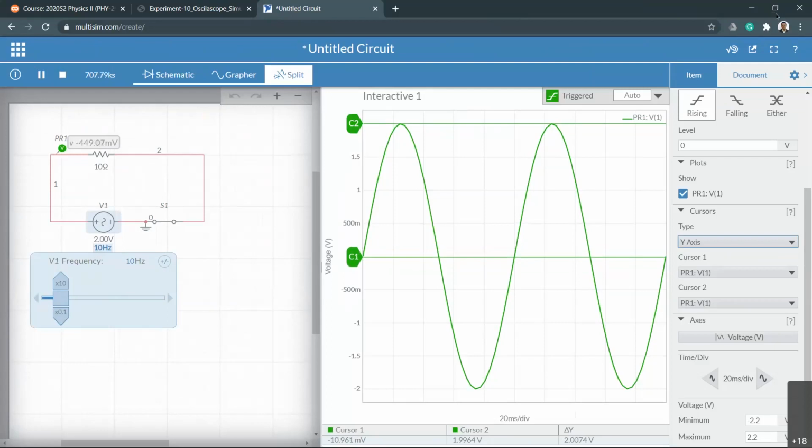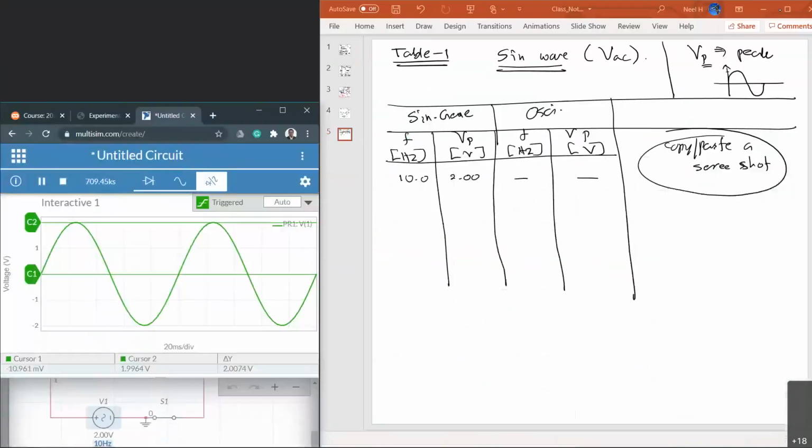So let's take that number. That's okay, that's our human error. There are always going to be some sort of error. And cursor number 2 should be at the very top edge. That should be 2 volt, but you can see I can't really get it to exactly 2 volt. Just leave it like that. It's very close, that's good enough. Then the difference between them is 2.0074. That's the answer I need here.